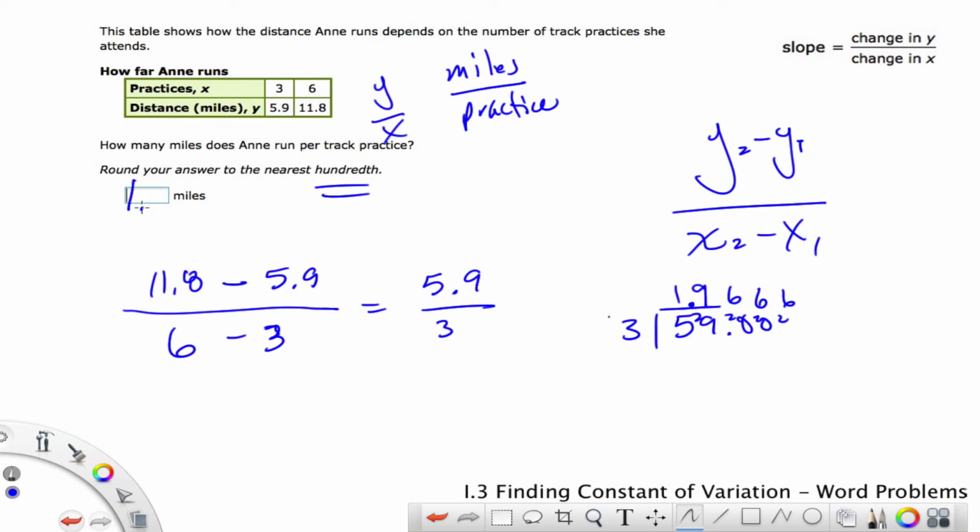So 1.97 miles per practice. Again, y sub 2 minus y sub 1, x sub 2 minus x sub 1, and then just divide. And that's going to be your miles per practice. And that's what's called the constant of variation, this 1.97 miles per practice, because it's changing by that same amount with each practice. All right, next one.